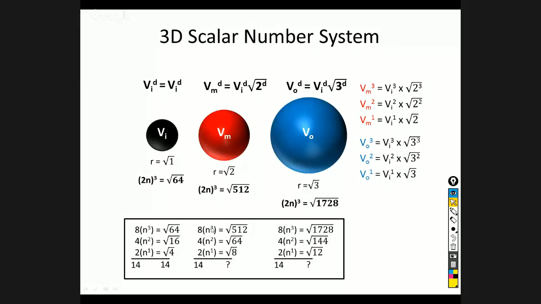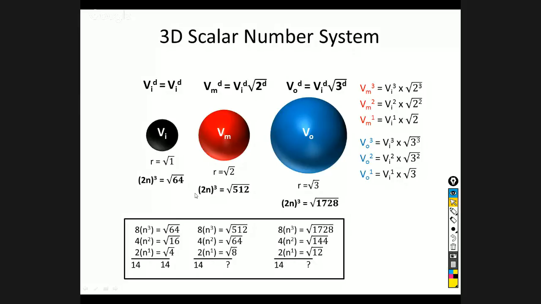Well, it is all black, but this could have been all red, and this could have been all blue to match. But if we have 8 directions when n is equal to 1, some multiple of the square root of 1, then we get these values, 2, 4, and 8.